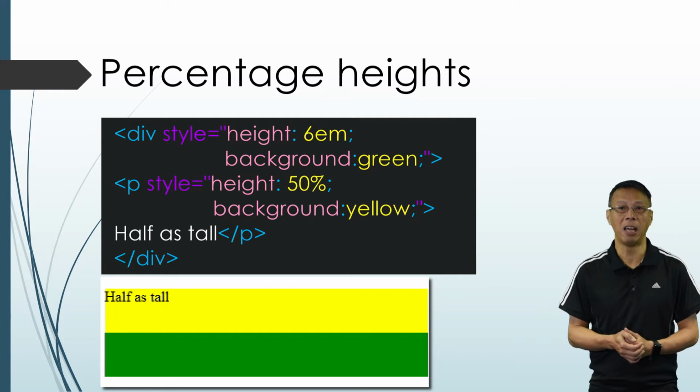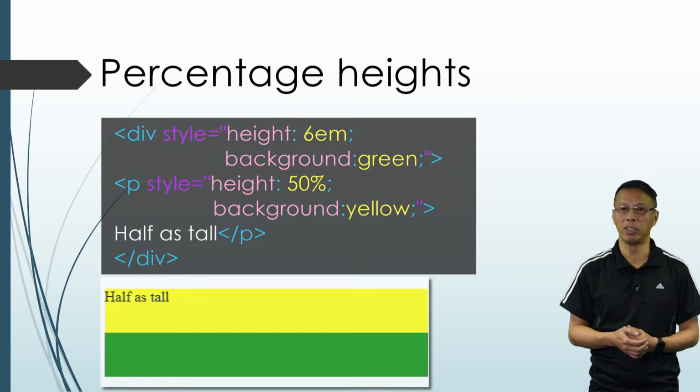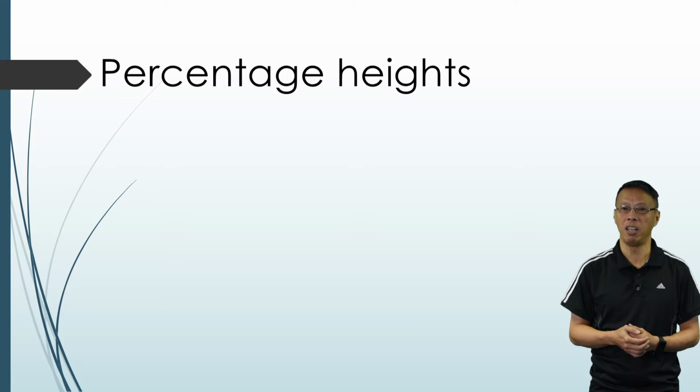So it's half as tall. In the previous slides, we noticed that the div has a height defined, and then the P element block would utilize the relative percentage to define the height.